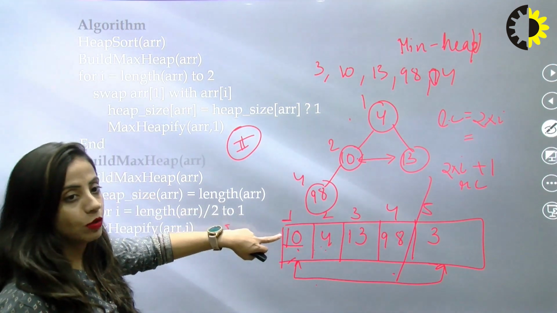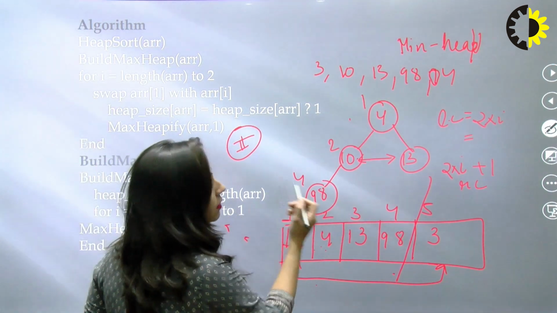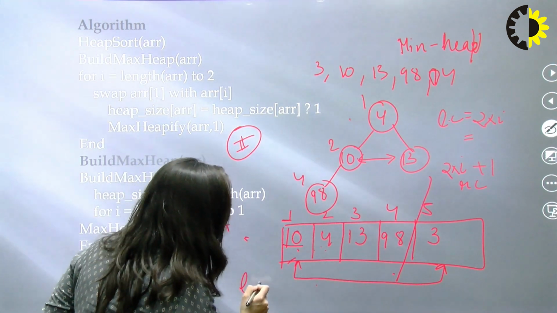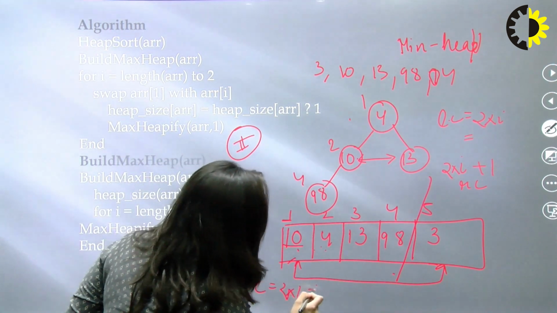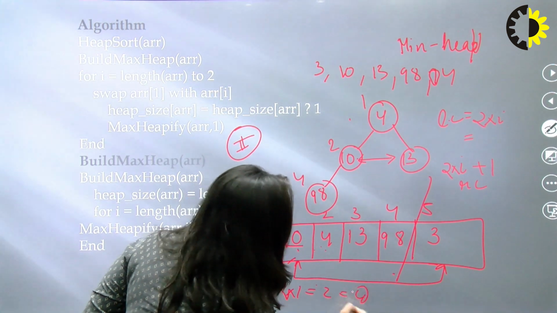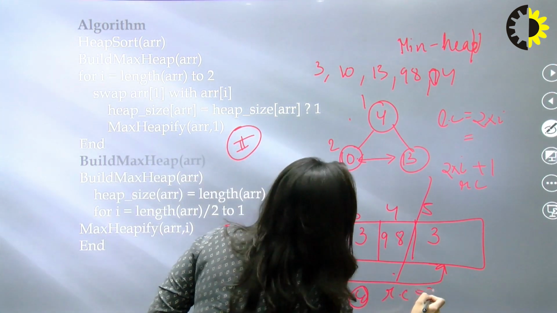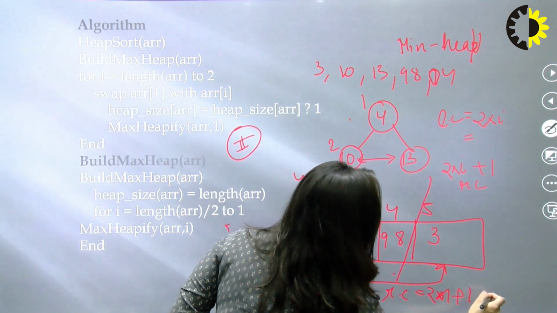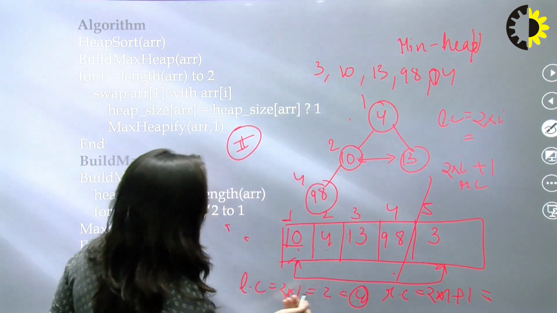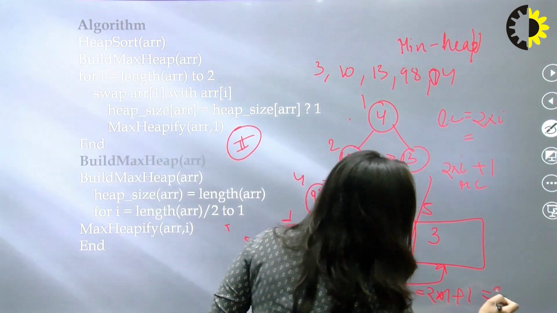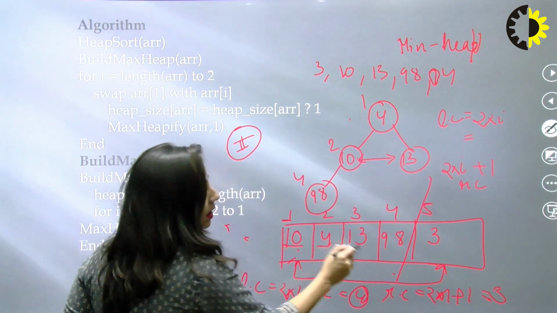This is my parent node. Where will its left child be? The left child will be at 2 into 1 location, which is 4, and its right child will be at 2 into 1 plus 1 location, which is 3, right? So these are its left and right child.